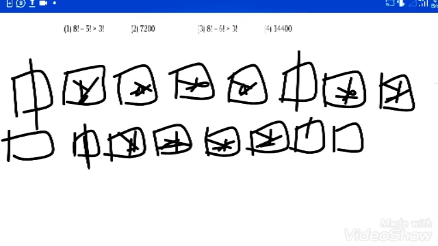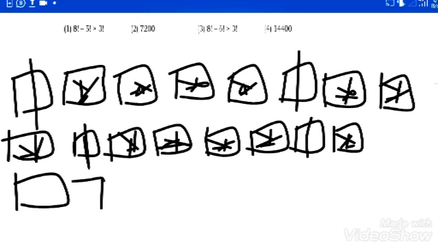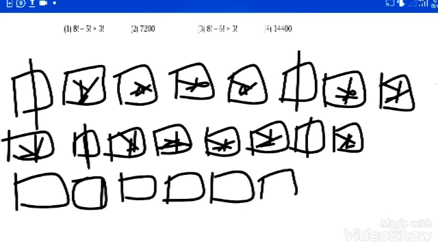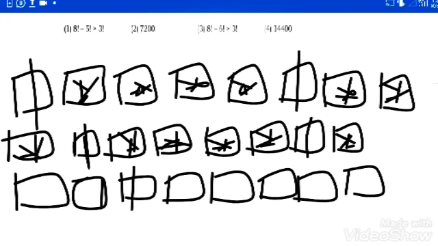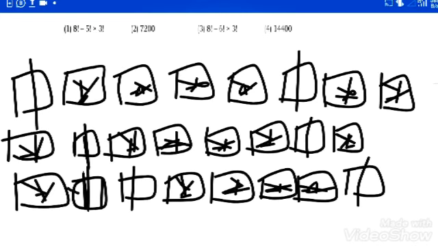That means it's going to be like this. Other cars can be here. Now we could also have one more arrangement: 2 3 4 5 6 7 8, and this arrangement I'll be putting it here. So these are the ways you can arrange these cars to have 4 cars in between them.